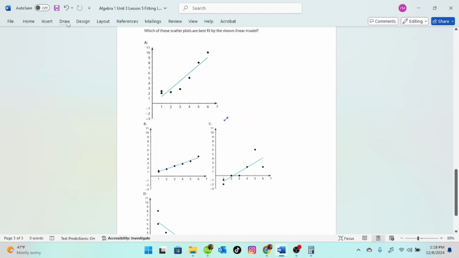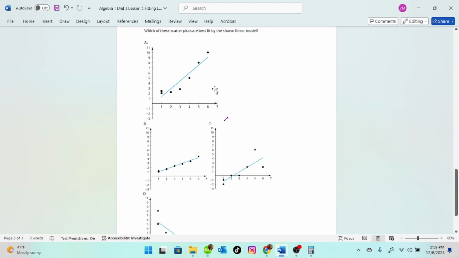Our final practice problem: which of these scatter plots are best fit by the shown linear model? In other words, which line has the points closest to it throughout the line?